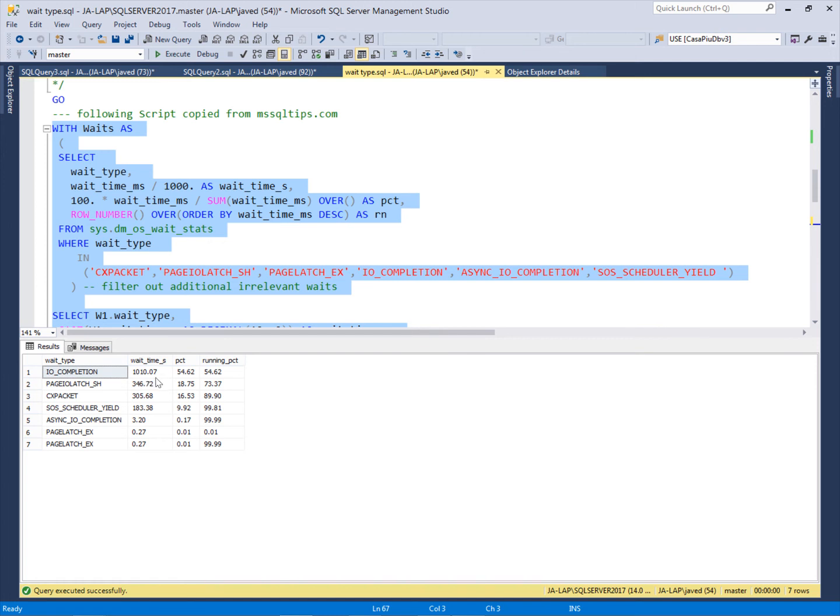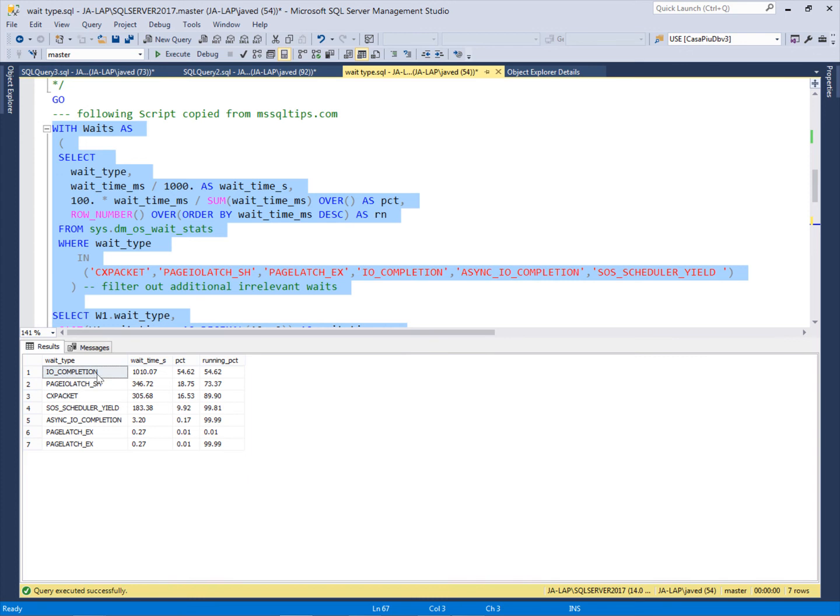Right now only this wait has a little more time, but these are not unreasonable. Sometimes this time is odd. For example, now this 1010 seconds means this only occurred for 16 seconds.